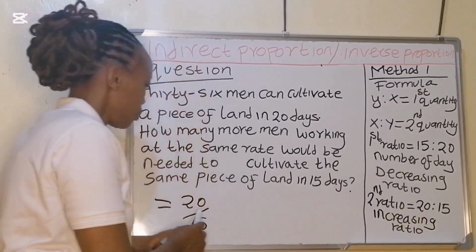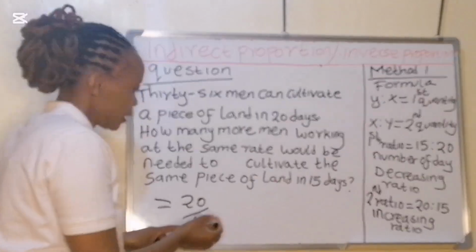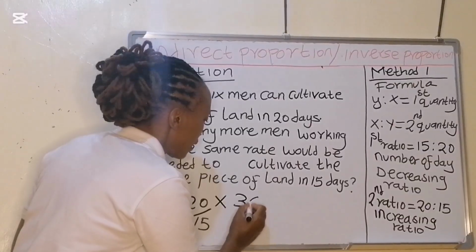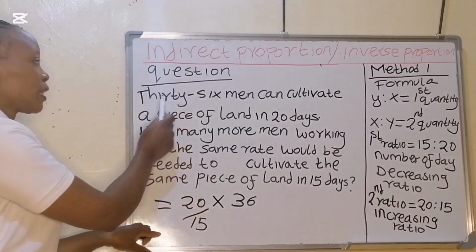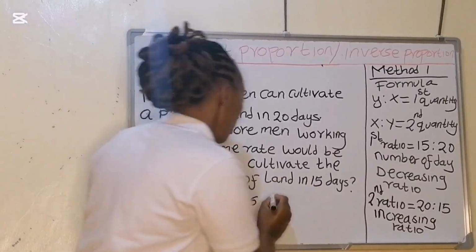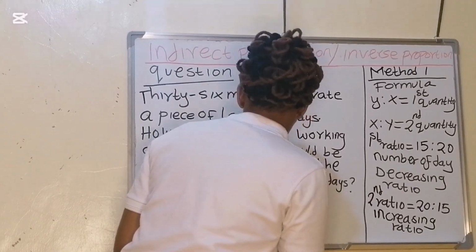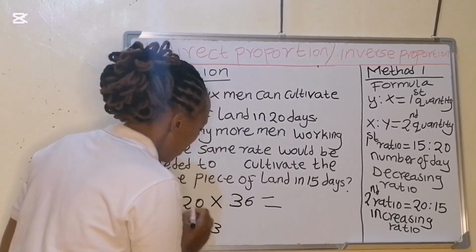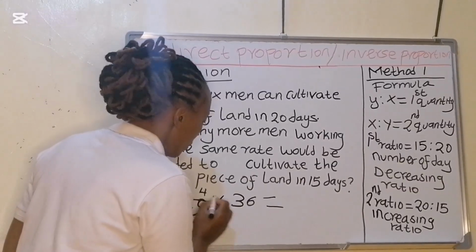So when you convert this into a fraction, you get 20 over 15 times now 36, the 36 men you have been given here. So you get, by 5, 3, by 5, 4.